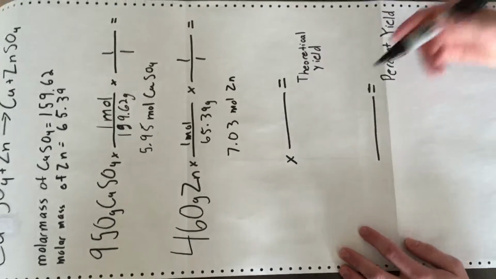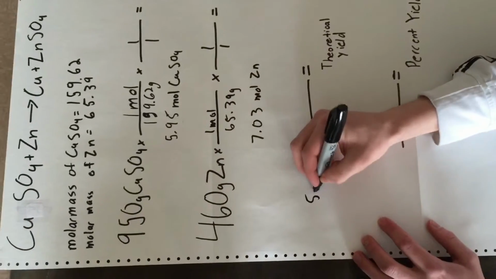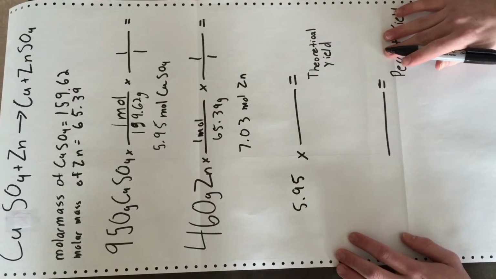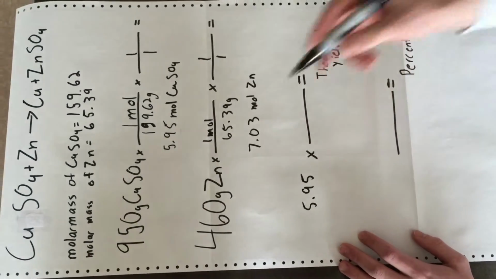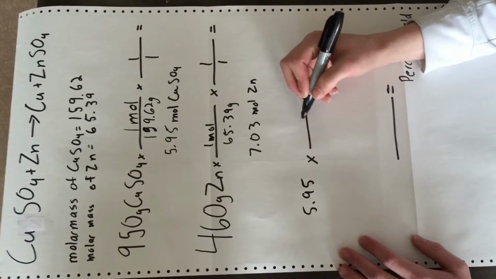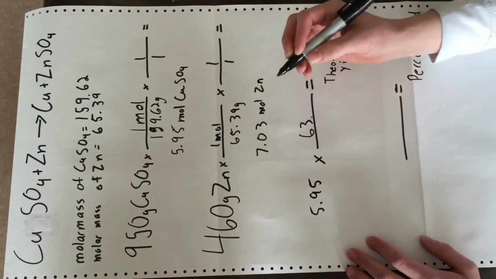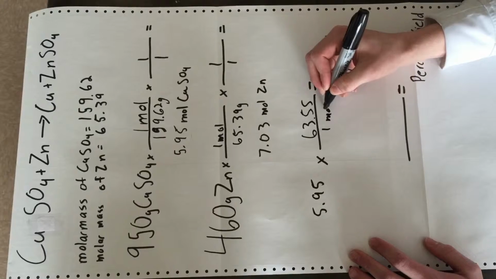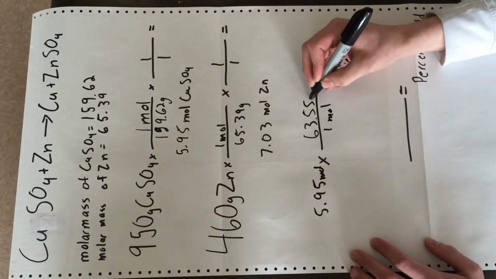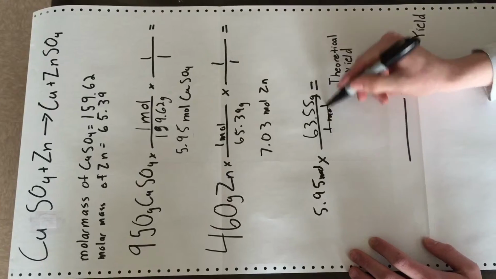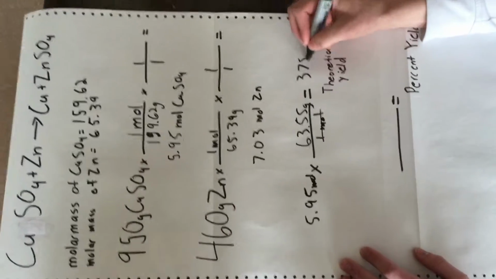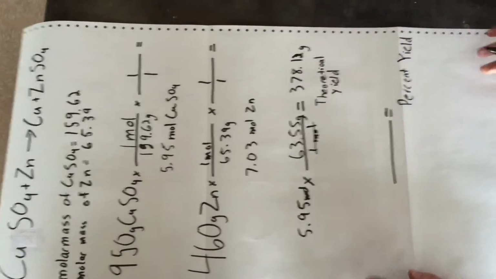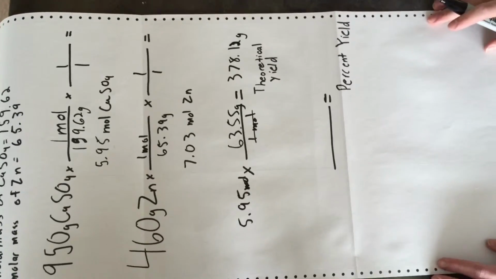So what you want to do next is take your moles of copper sulfate and multiply that by the molar mass of copper, because to figure out copper, then these will cancel, and that gets you to 378.12 grams. So 378.12 grams is our theoretical yield.